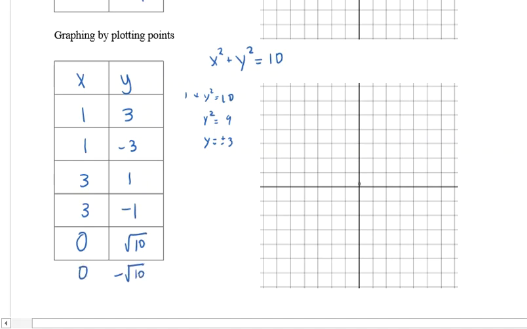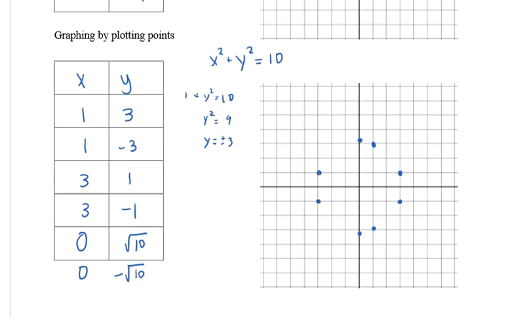So I'm going to plot some of these so far. So square root of 10 is going to be a smidge past 3. I've got 1 comma 3, 1 comma negative 3, 3 comma 1. You might even add square root of 10 comma 0.